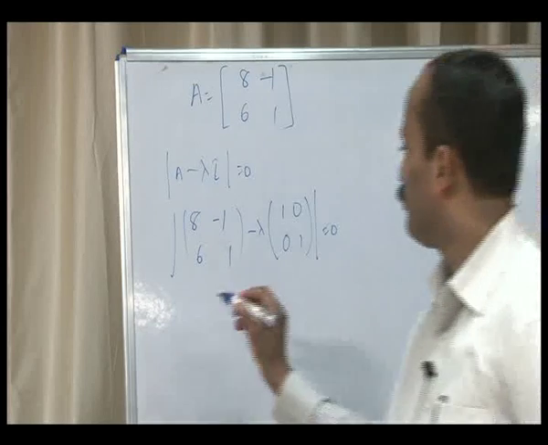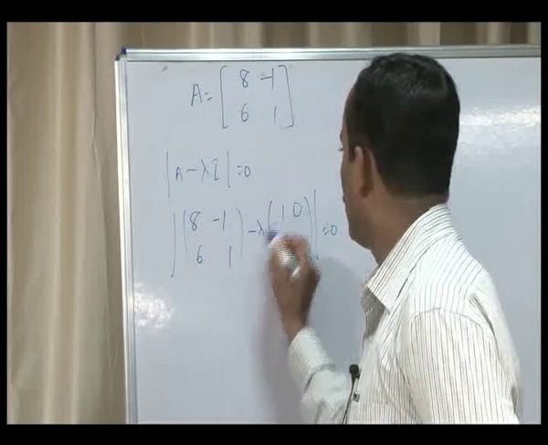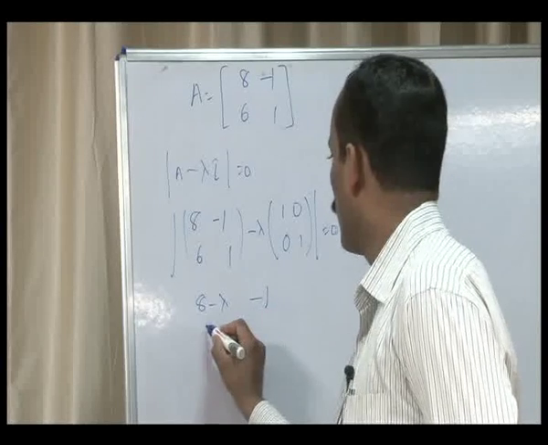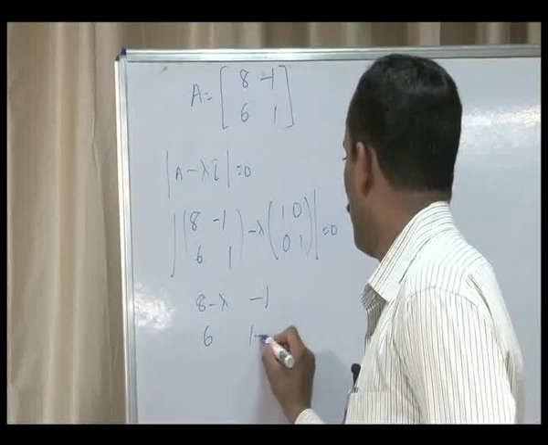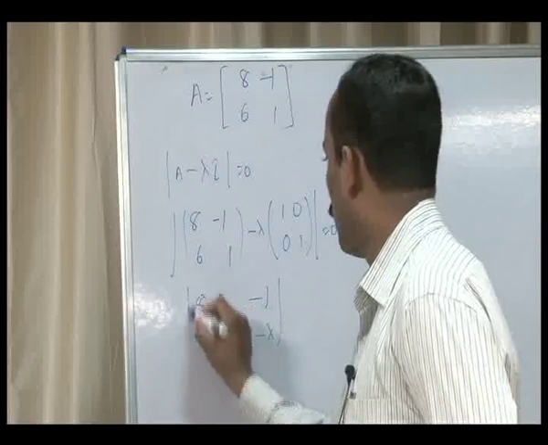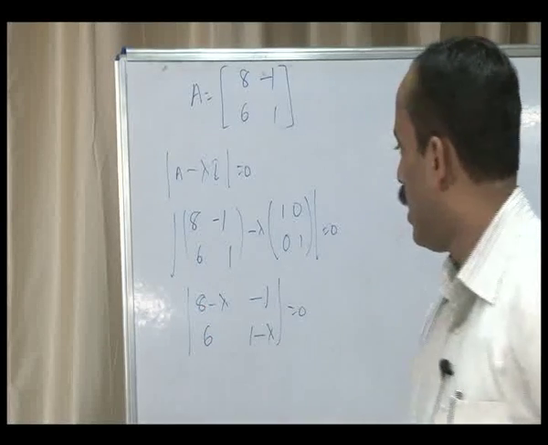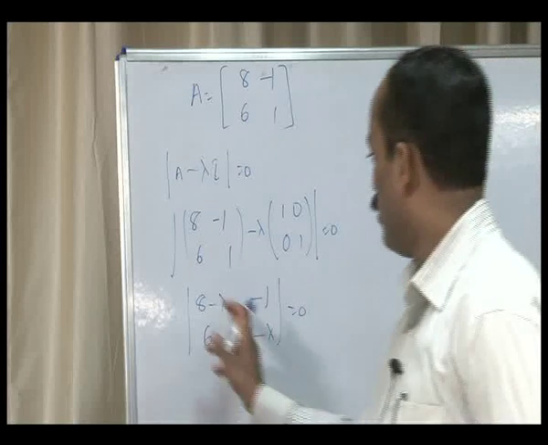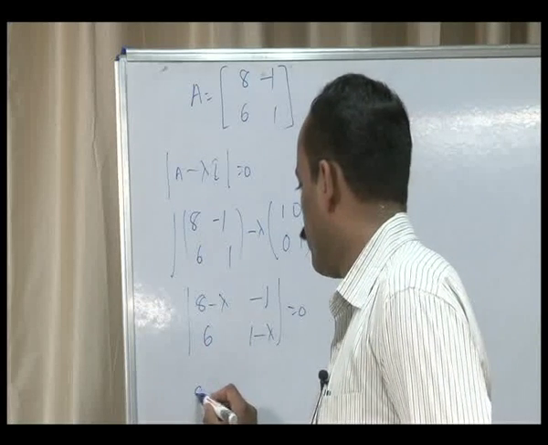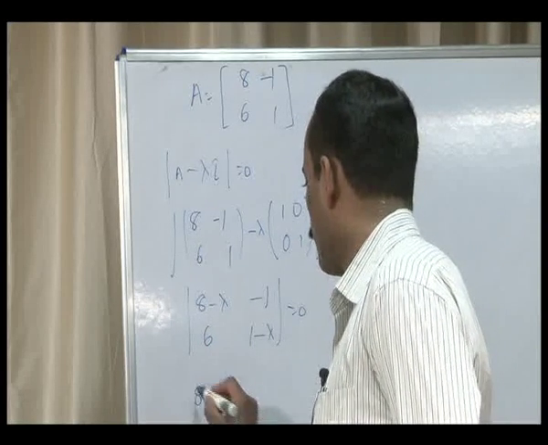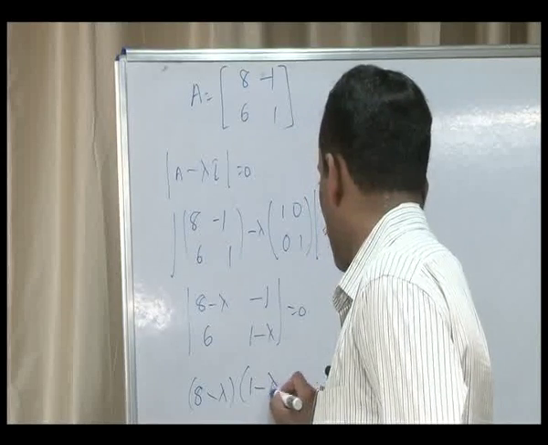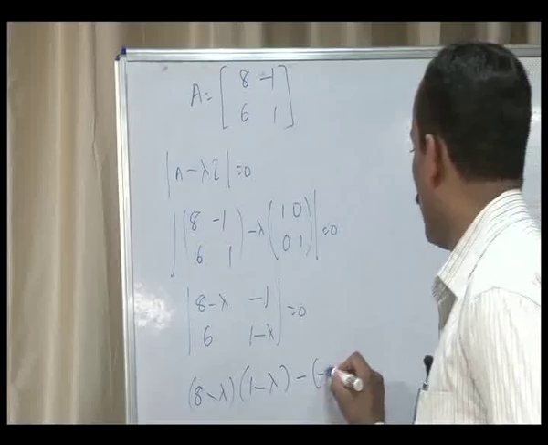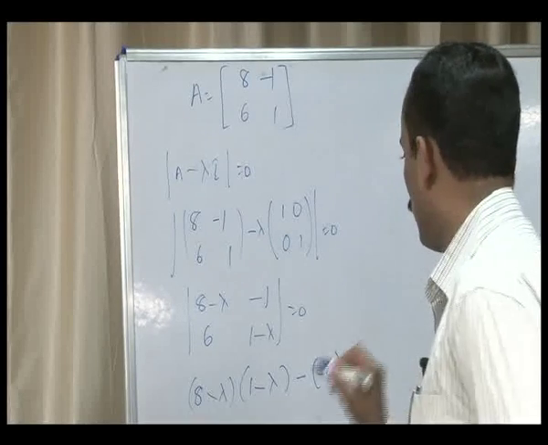Now, it becomes determinant of 8 minus lambda, minus 1, 6, 1 minus lambda, is equal to 0. You find the value, it becomes 8 minus lambda into 1 minus lambda minus of minus 1 into 6 is minus 6, is equal to 0.